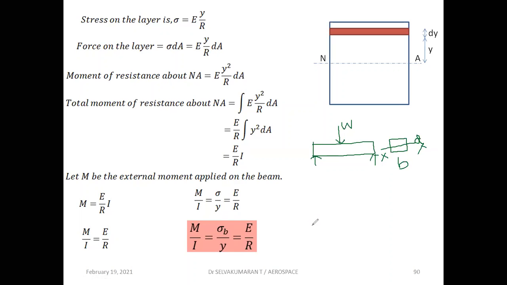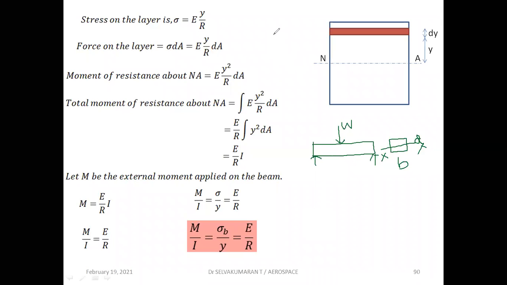Cantilever beam subjected to a point load at the tip: W into L is the maximum bending moment. Cantilever beam subjected to UDL throughout the length: WL squared by 2. Cantilever beam subjected to a couple at the free end: M is equal to the couple. For all these loadings, we know the formula directly.